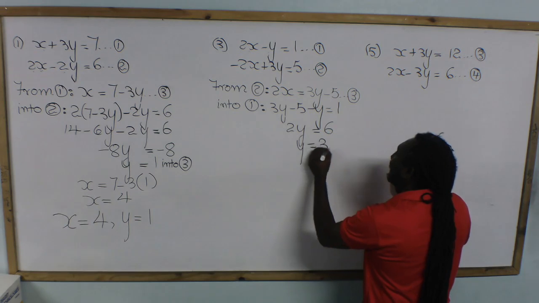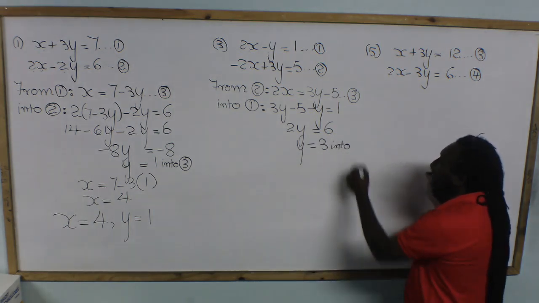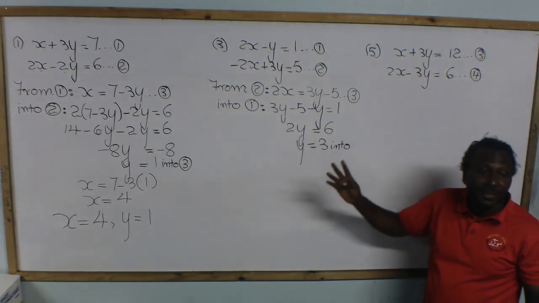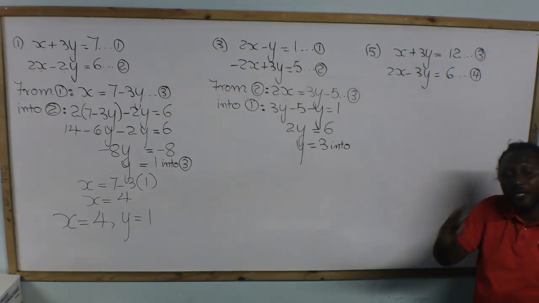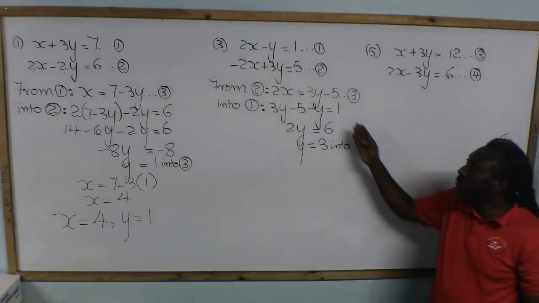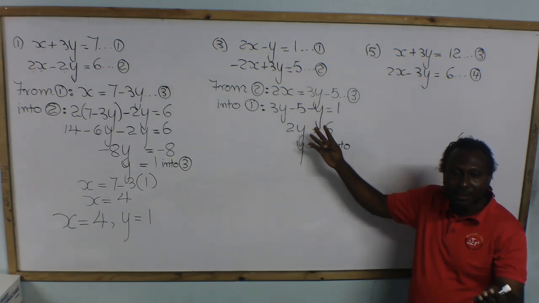So y is equal to 3. Remember now that your equation 3 is written one-sided in favor of the other unknown.